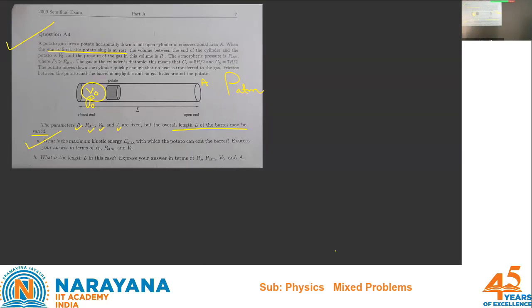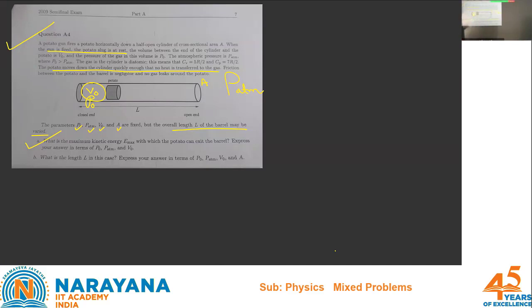Now the point is, we understand that, if you read the data, there is no heat transfer. The potato moves down the cylinder quickly enough that no heat is transferred to the gas.